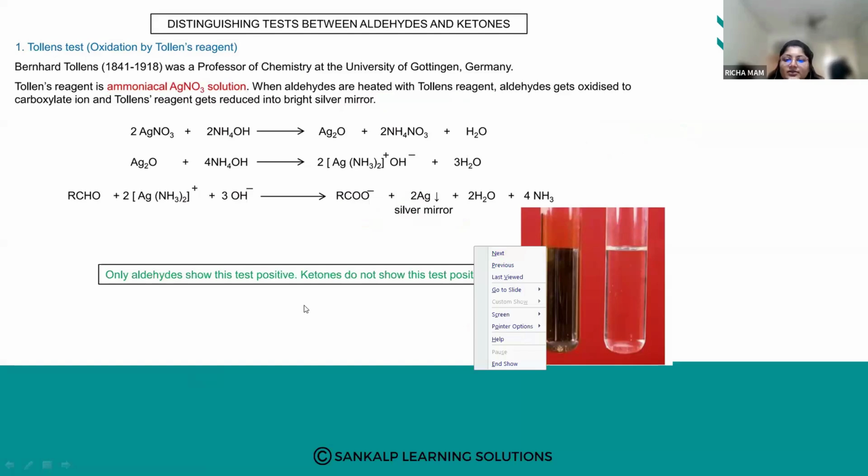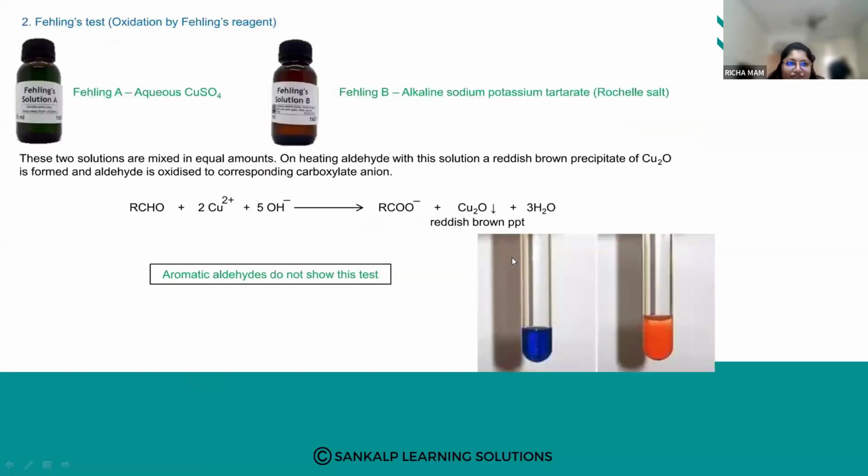Let us go for the next one. Next is Fehling's test. Fehling's test consists of mainly two solutions. The first one is Fehling's A, and the other is Fehling's B. It is a good oxidizing agent.